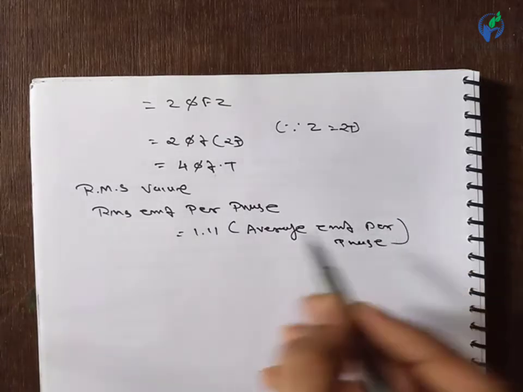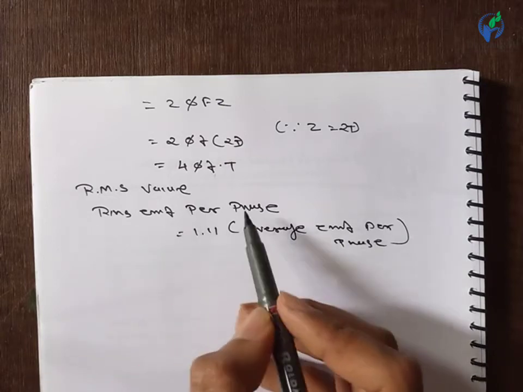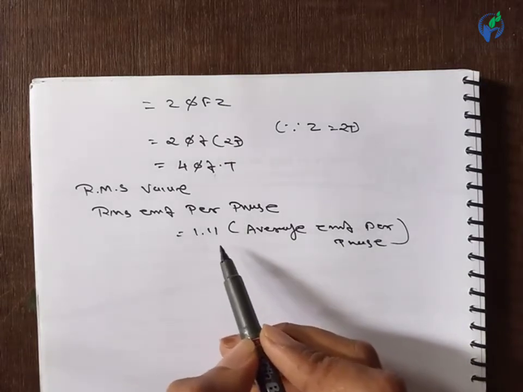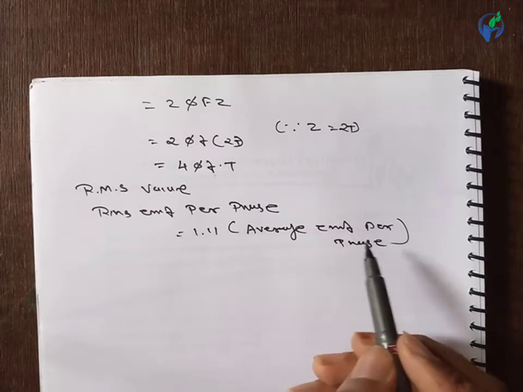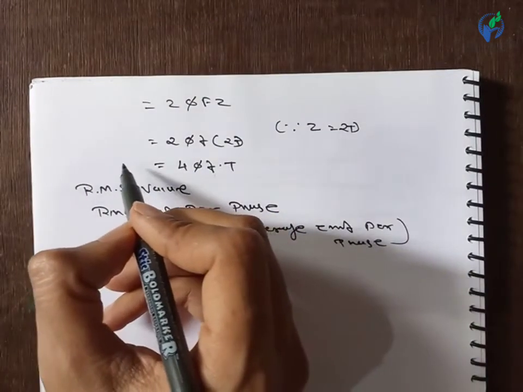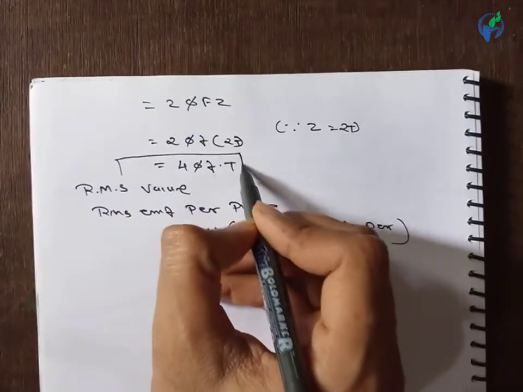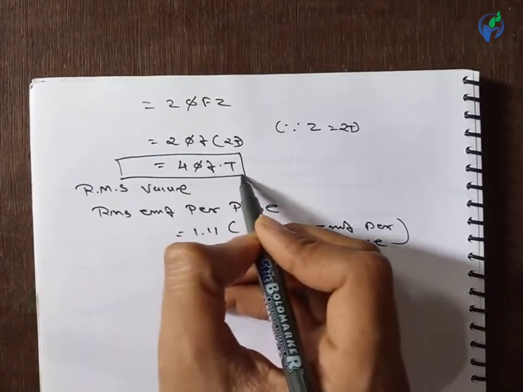So this is the form: RMS EMF per phase is equal to 1.11 into average EMF per phase. The average EMF per phase value is 4.5 F into T.